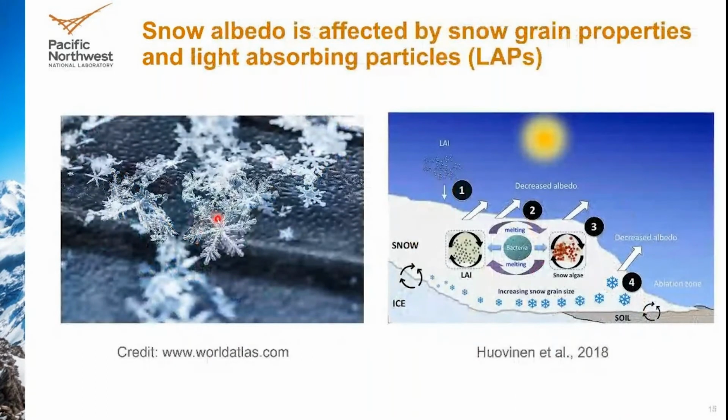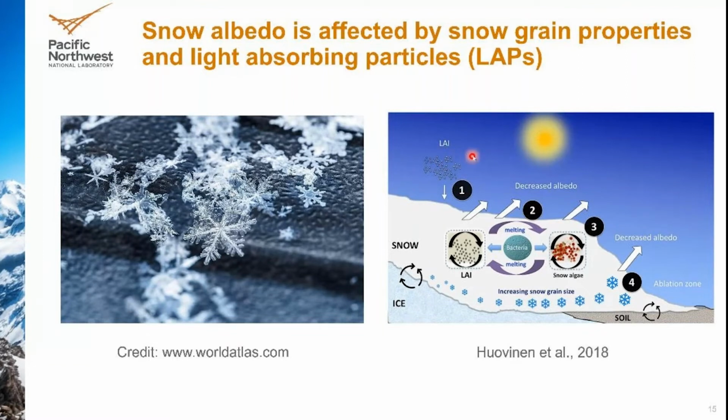The snow albedo can be affected by the snow grain properties. Like this figure shows, different snow grains have different shapes and sizes. Another point is deposited black carbon and dust.